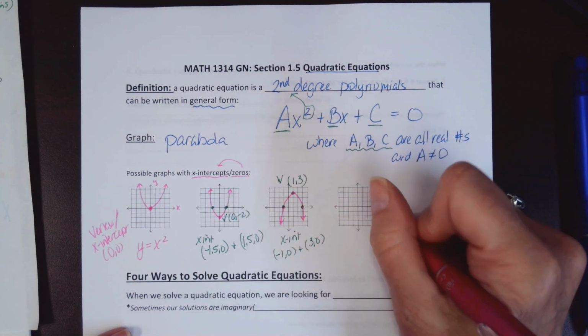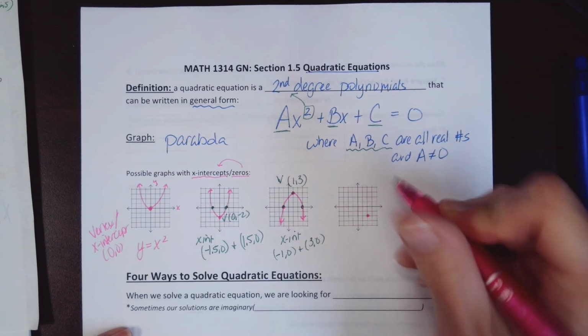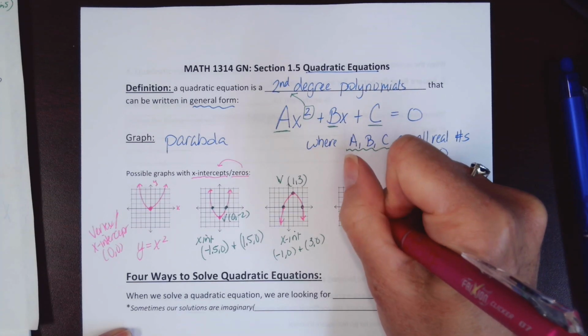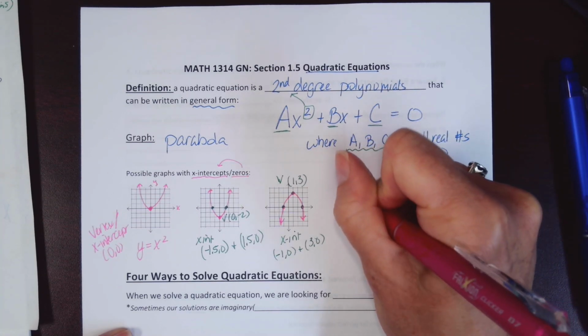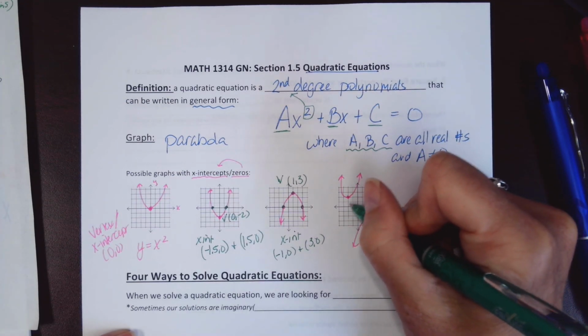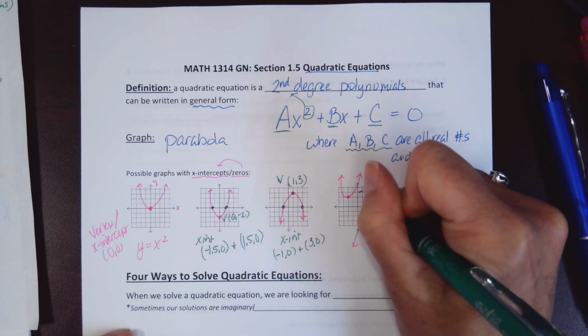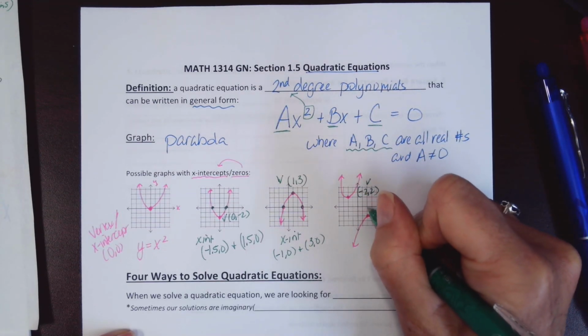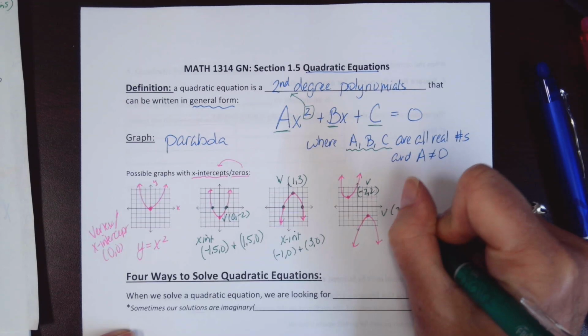And then another option might be that I have a parabola whose vertex is down here and it opens down. Or maybe the vertex is up here and it opens up. Well, for this one, I have a vertex at -2, +2. And for this one, I have a vertex at +2, -2.